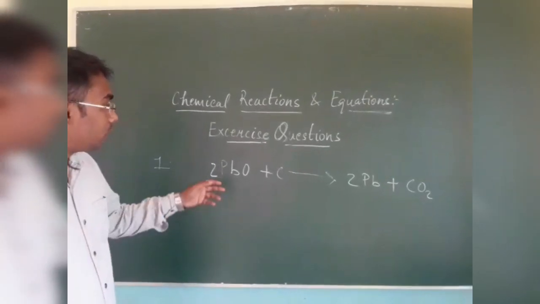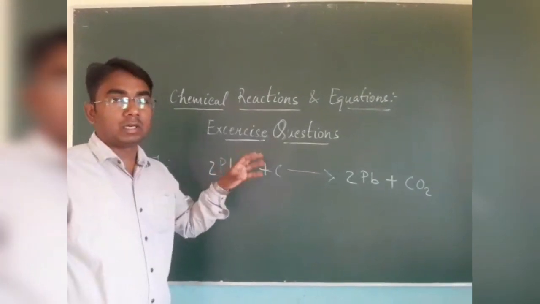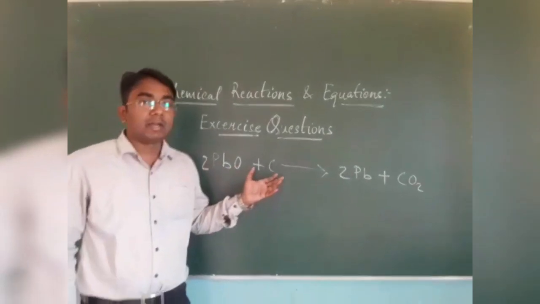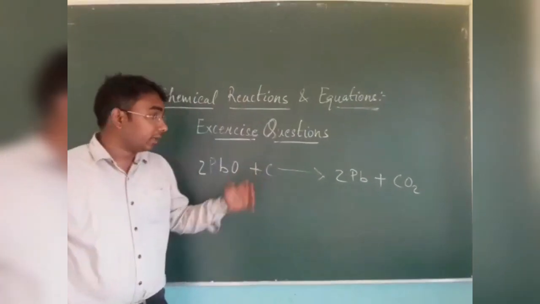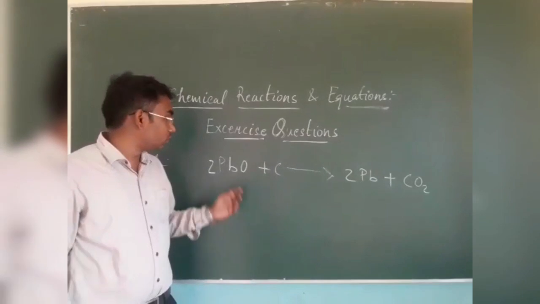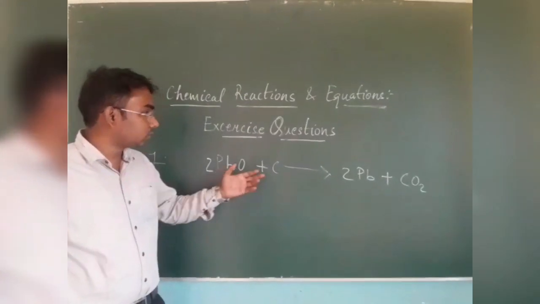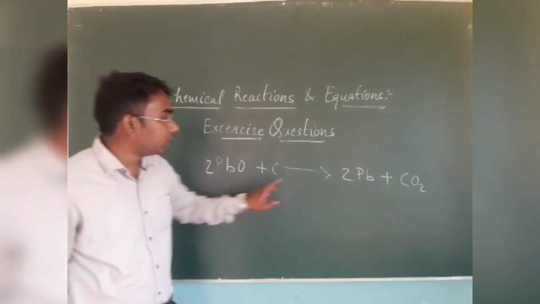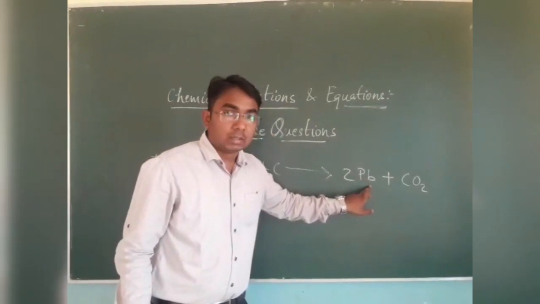One thing I want to tell you is that according to the definition of oxidation, which I told you earlier, oxidation is the gain of oxygen and reduction is the loss of oxygen. Here lead oxide is losing its oxygen.